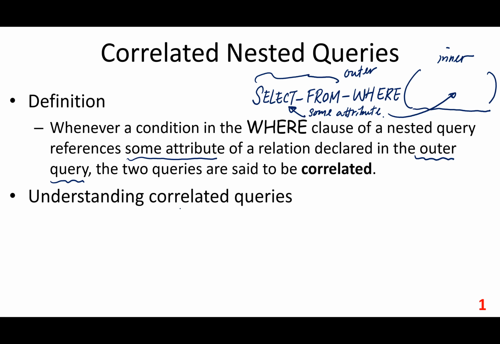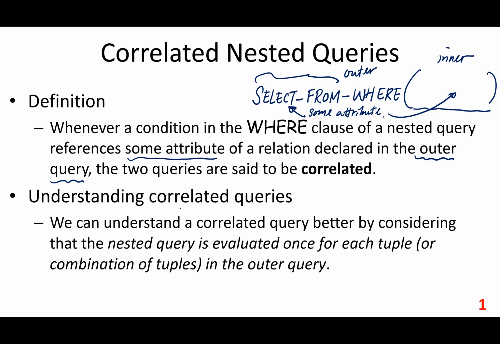Understanding correlated queries. When we have this situation, in which way should we understand it?